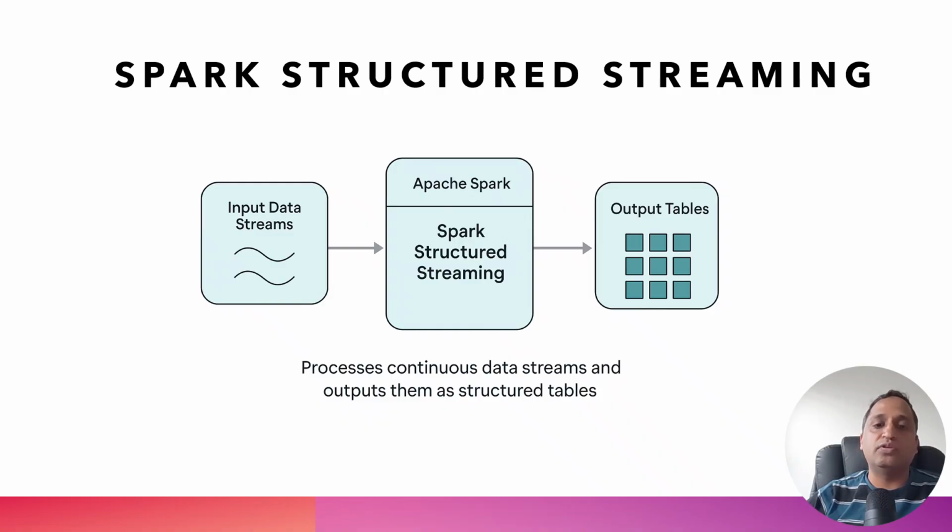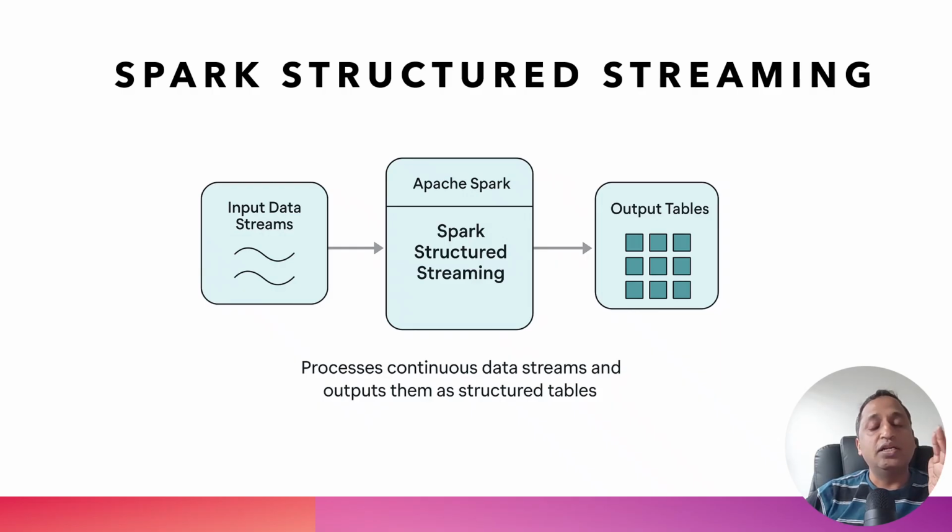One concept I want to talk about here is Spark structured streaming. Okay, right? So what is Spark structured streaming? Spark structured streaming is a stream processing engine built on top of Apache Spark. What makes it unique is that it treats a stream of data as a continuously updating table.